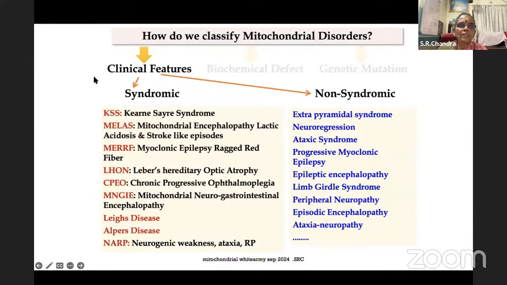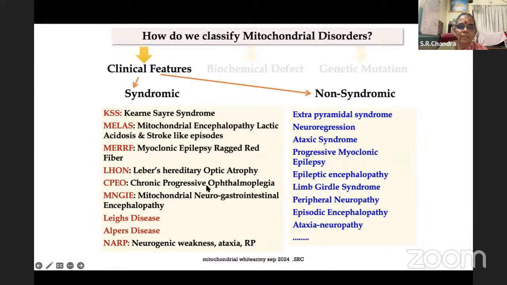Based on the clinical features, we have both syndromic disorders and non-syndromic disorders. Syndromic: Kearns-Sayre syndrome. I will show classical cases of each one. MELAS, that is mitochondrial encephalopathy, lactic acidosis, and stroke-like episodes. MERRF, that is myoclonic epilepsy with ragged red fibers. LHON, that is Leber's hereditary optic atrophy.